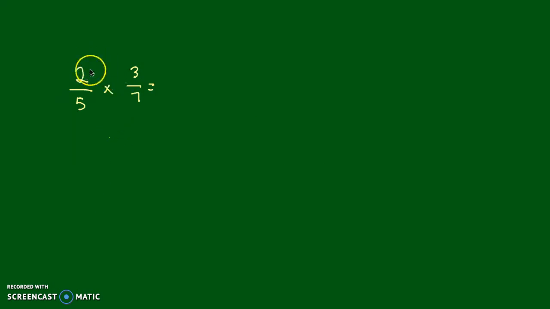For our first sample problem, we've got 2/5 times 3/7. Like we mentioned before, a more efficient way to multiply fractions is to just multiply the numerators together and then multiply the denominators together. This is different than adding and subtracting. When we're adding and subtracting fractions, the two denominators have to be the same.